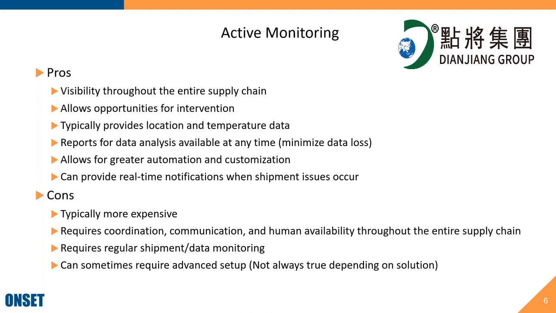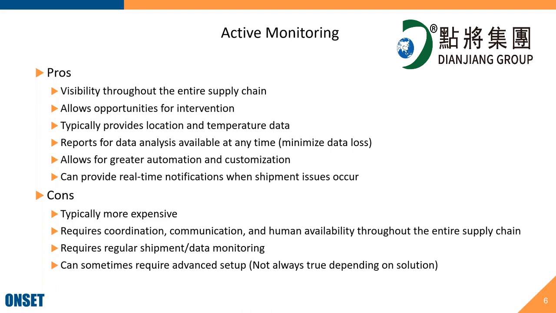Reports for data analysis can be made at any time because the cellular loggers are constantly sending up data, and you can get data in real time, produce reports in real time, make decisions in real time, and really help to prevent product loss and increase efficiencies throughout your supply chain. It allows for greater automation and customization.